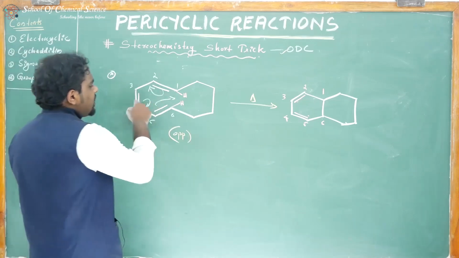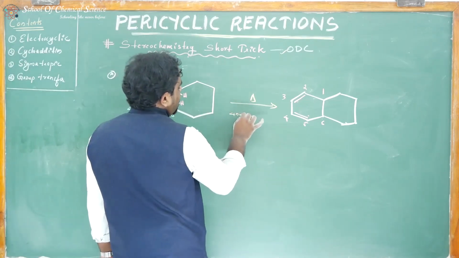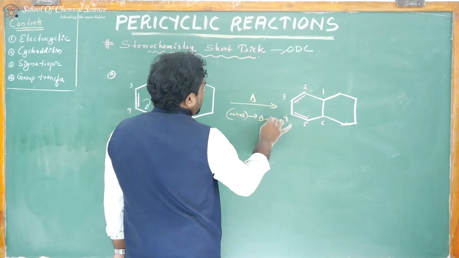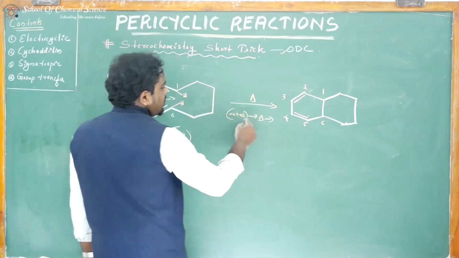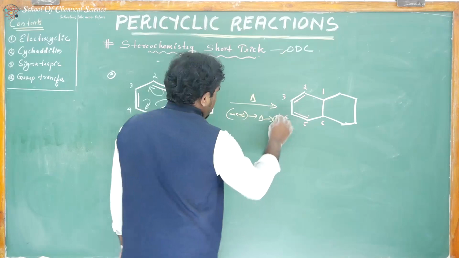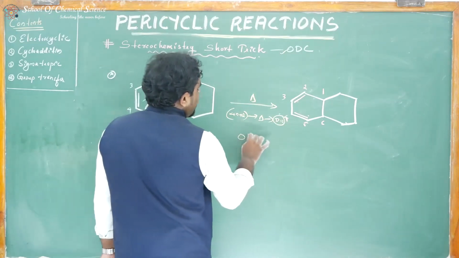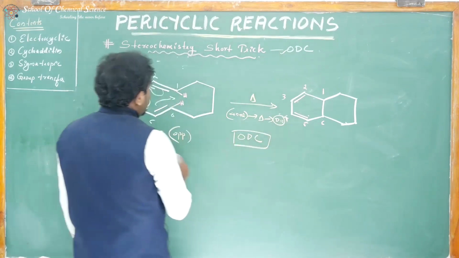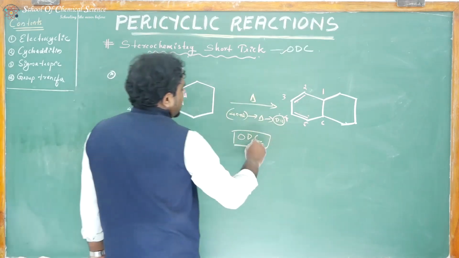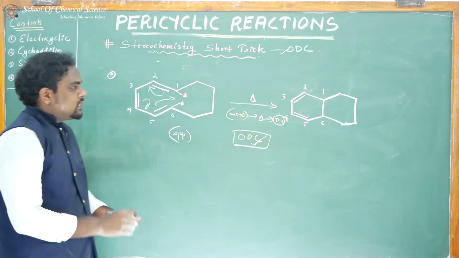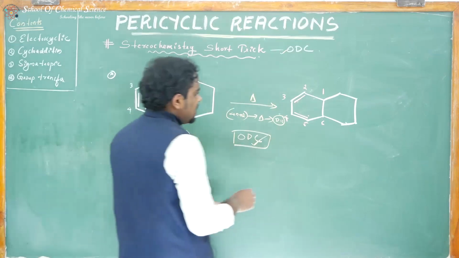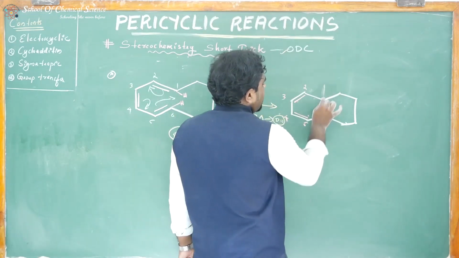Okay, so your system is a 4n plus 2 system because there are 6 pi electrons. 4n plus 2 thermal means disrotation. So follow the ODC rule: substituents opposite, disrotation, then the stereochemistry will be cis to each other. That means the two hydrogens have cis stereochemistry.